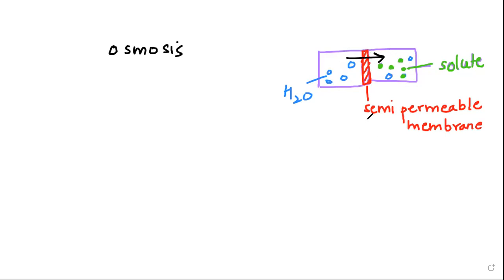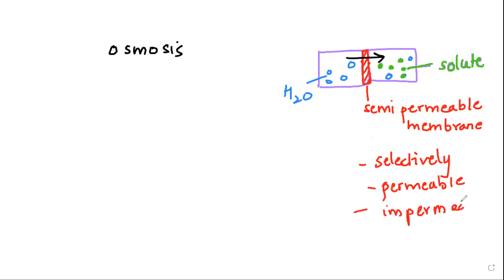If it is a completely permeable membrane, or if it is let's say something else, so there is selectively permeable, there is completely permeable, or there is, let's say, impermeable. Impermeable definitely will not allow any exchange, right? No exchange is what you mean by impermeable. Selectively means it has a list, like a list of people.